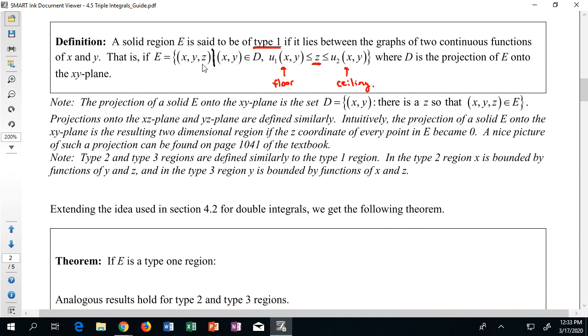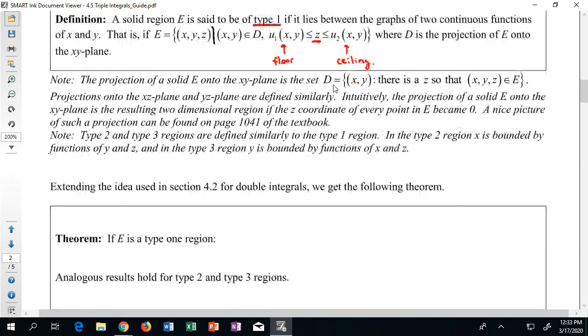There's got to be some boundary on the floor that I'm allowed to walk around in. If I'm trapped in a room, I can't walk to any location. I can only walk to locations within the confines of those walls. And that's what this D is. It's what happens when I take this region E and restrict it to looking at the floor. I'm trying to see what that looks like. And we'll see how this works in some of the examples to come.